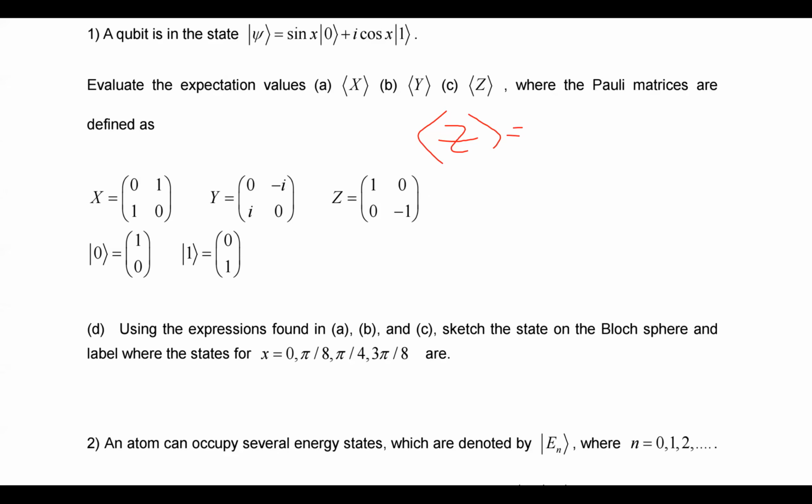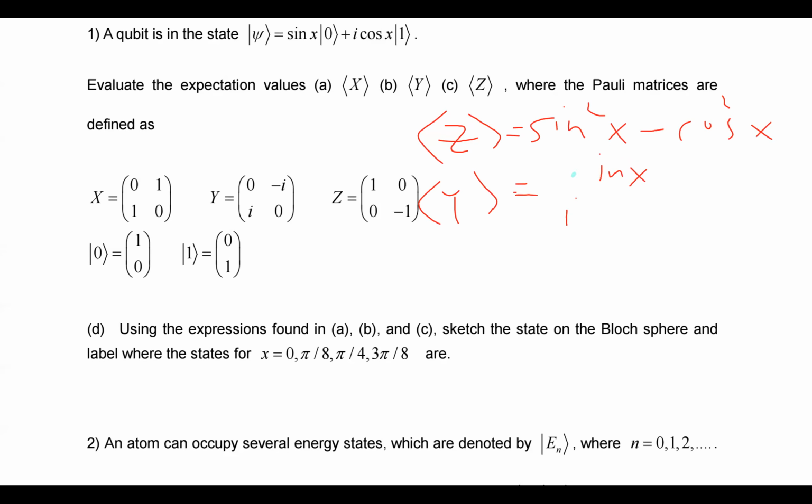I think this one is going to be sine squared X minus cos squared X. And then for Y, okay, I can't do it mentally, so let me just skip a few steps.